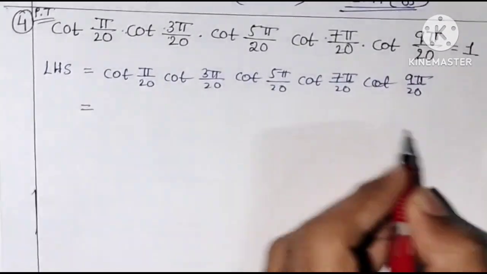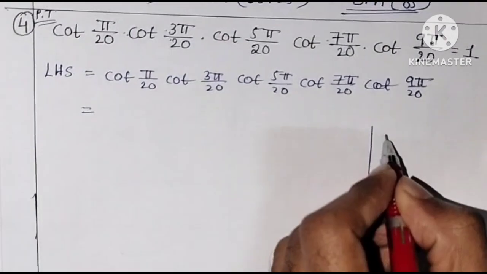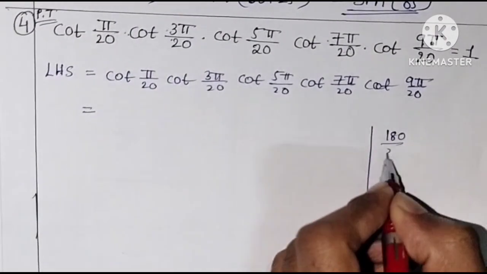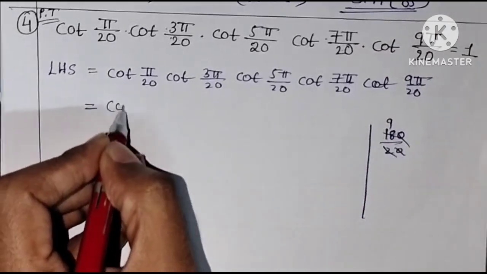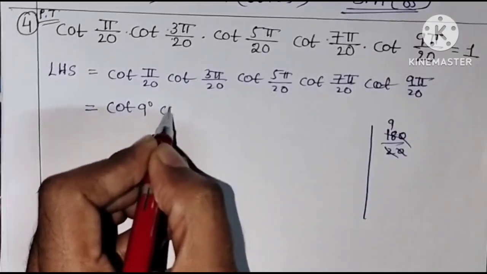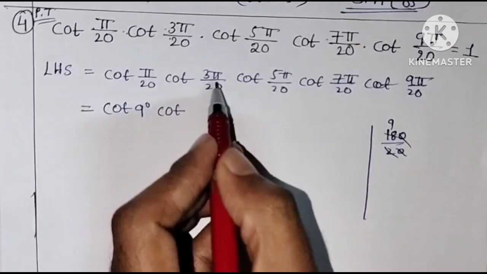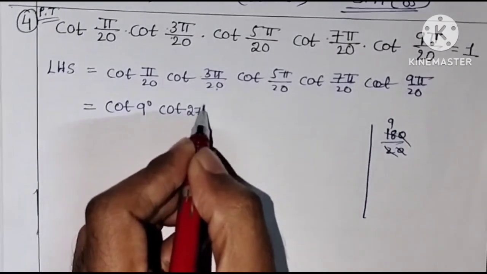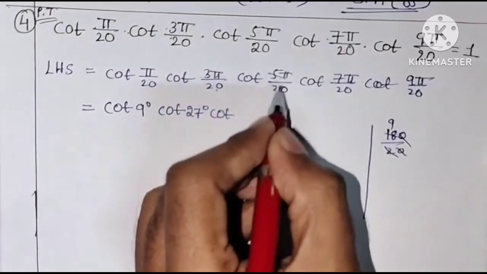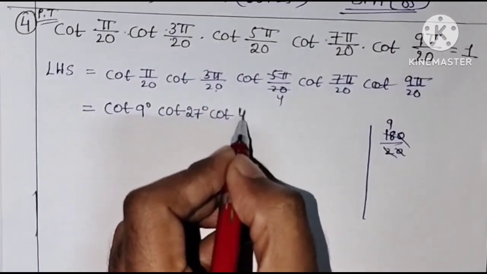So cot pi by 20. Pi by 20 means 180 by 20. 0 cancel, 2 ones, 2 nines. So cot 9 degrees. And cot 3 pi by 20, pi by 20 means how much? 9. 3 nines, 27 degrees. Cot 5 pi by 20: 5 nines, 45 degrees.